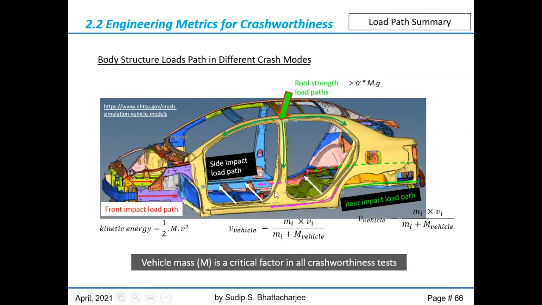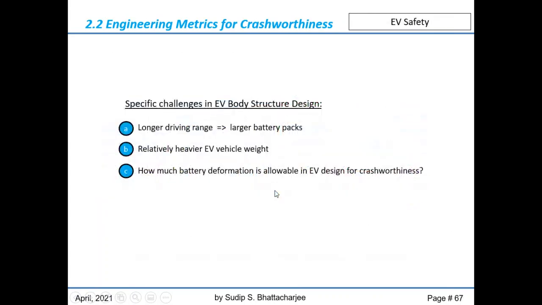Now, carrying that knowledge further to electric vehicle design comes with certain specific challenges. In electric vehicle design, we would like to have a larger driving range. A larger driving range means I will need a larger battery pack. And a larger battery pack adds to the vehicle weight plus the vehicle structure design.